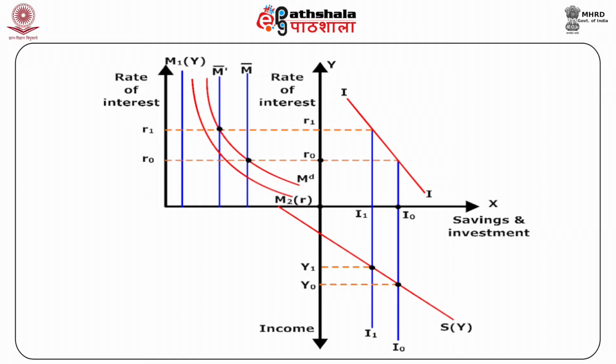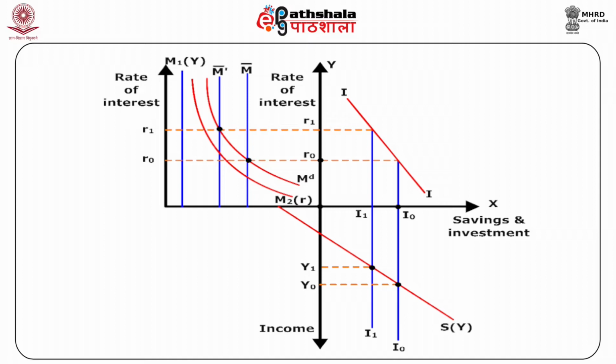There is no difference in the savings function as well as the investment function. So, for a given level of investment I0, where the savings function intersects with the investment function, the level of income is Y0.